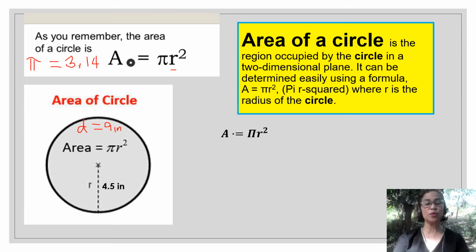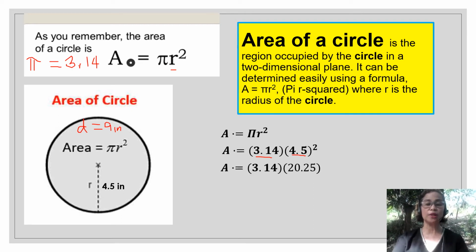Now, let's use the formula A equals pi r square in finding the area of the round pizza by substitution. For pi, we have 3.14, and then for r, we have 4.5 raised to the second power. Then we have 3.14 multiplied to 20.25, which is the value of 4.5 raised to the second power.